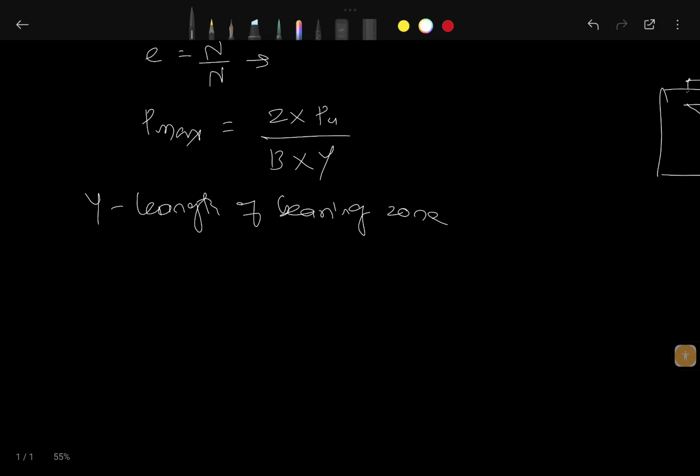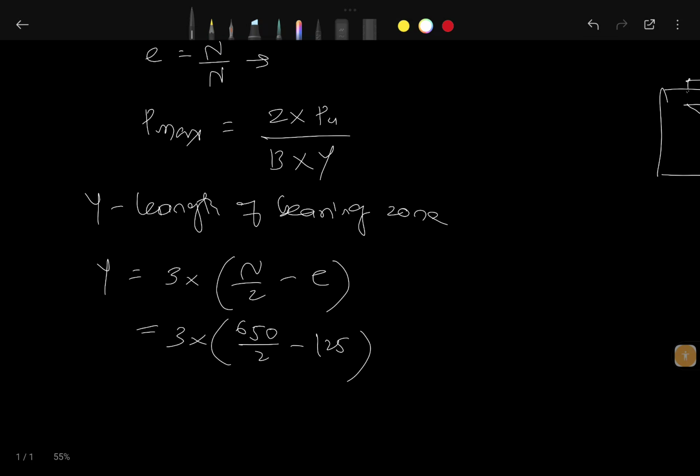This Y we get from Y is equal to 3 into (N by 2 minus E). N is 650, so 650 divided by 2 minus 125, then we get 600 mm. Y is equal to 600.